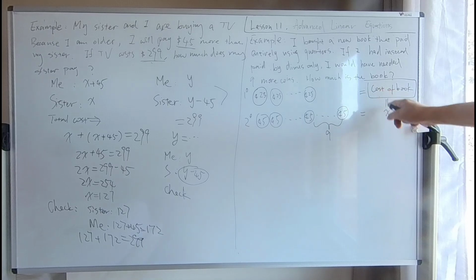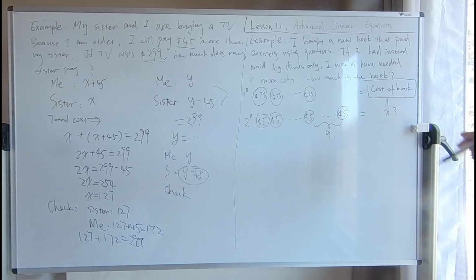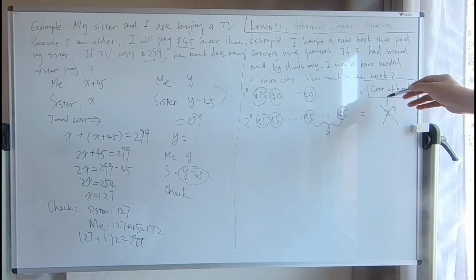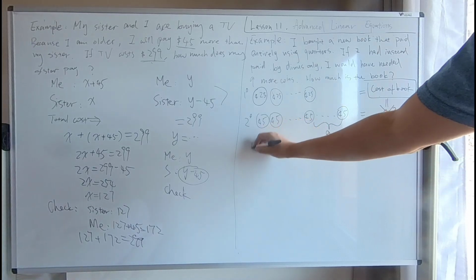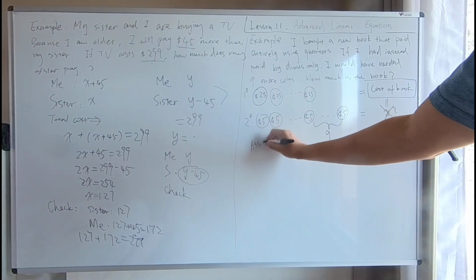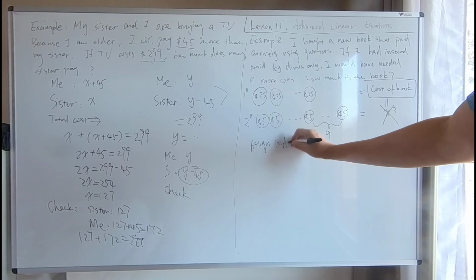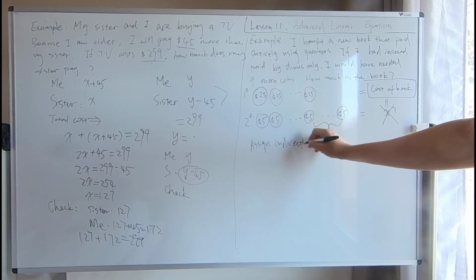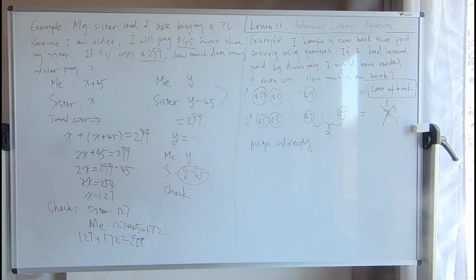Even though I can let the cost of the book equal x, it doesn't help me build this equation. So sometimes, if there's no direct value that can be assigned to the cost of the book, we can assign the variable in an indirect way.